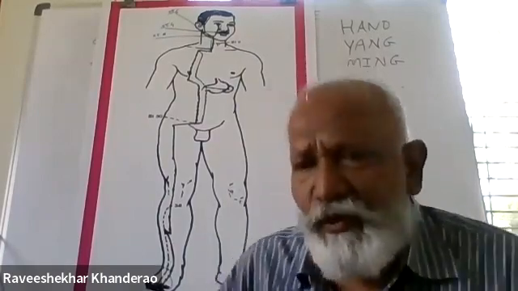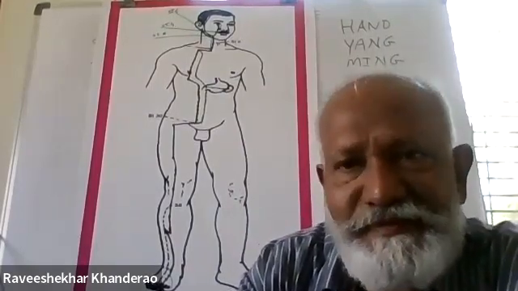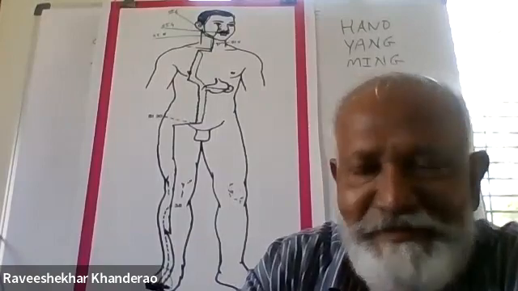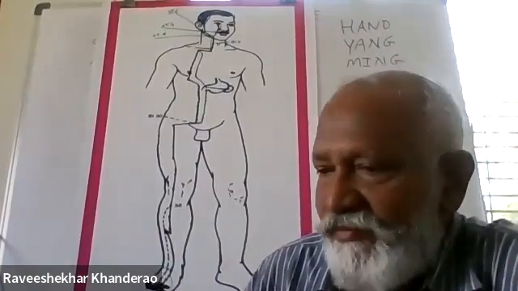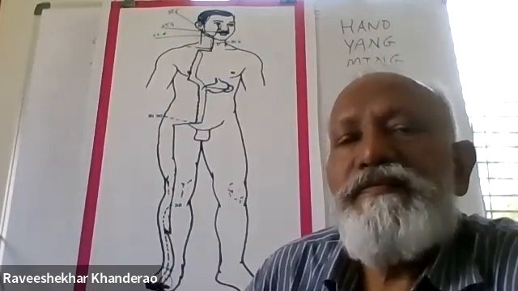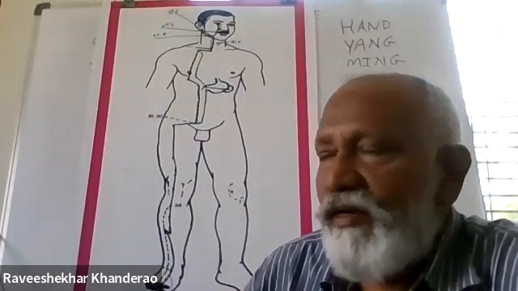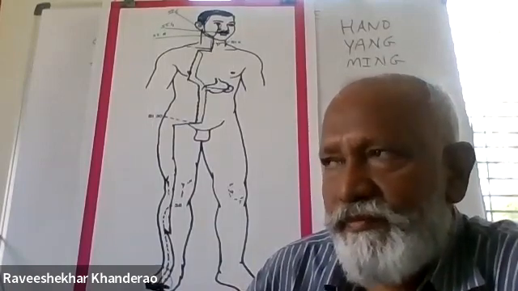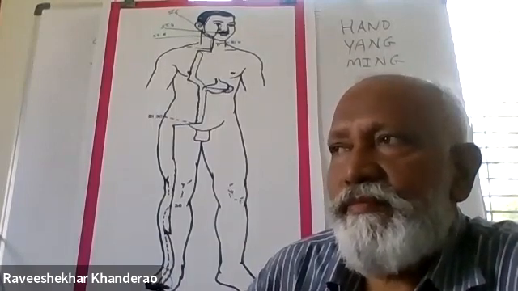What exactly does fossa mean, Dr. Deval, Dr. Archana? So fossa is a space. For example, it's a hollow space in which something is located. Similar to the anatomical snuff box, which is a triangular space wherein certain things are located.